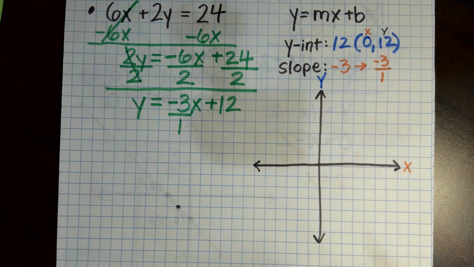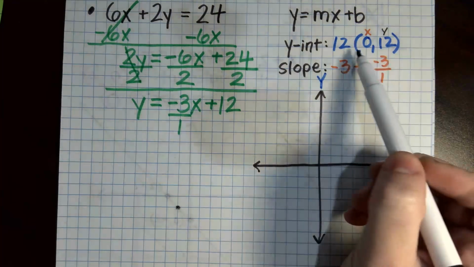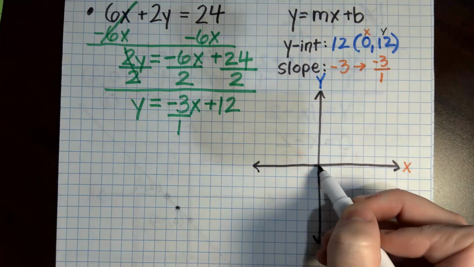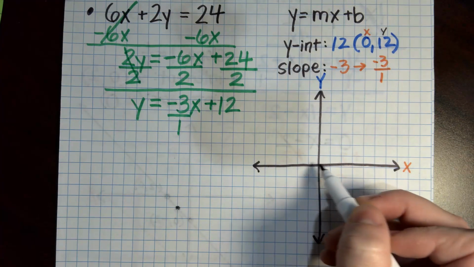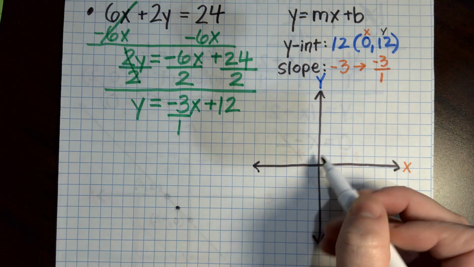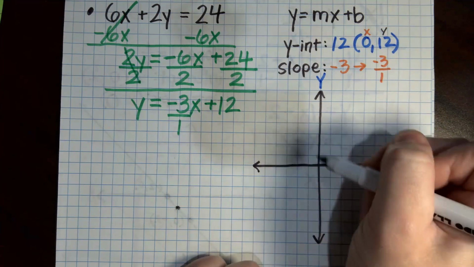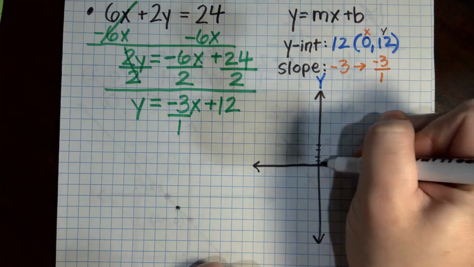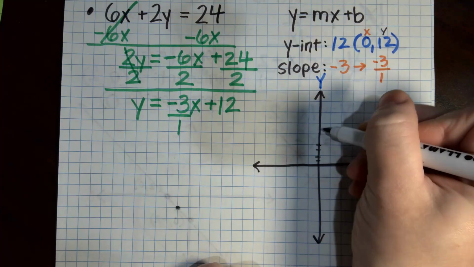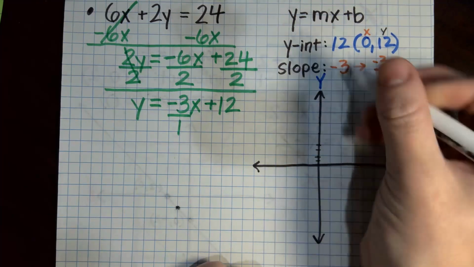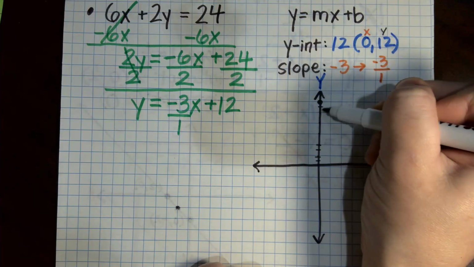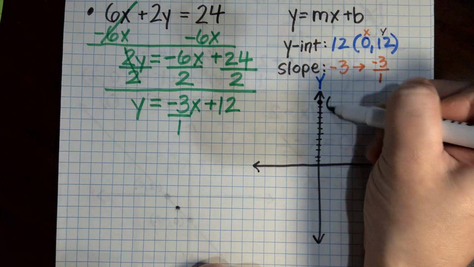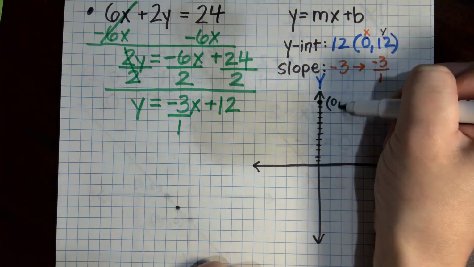Yes, I need to graph my y-intercept. So my y-intercept is at 0, 12. On my x-axis, I'm going to go over 0. And on my y, I need to go up 12. So I'm going to count by 2s to make sure I have enough room. 2, 4, 6, 8, 10, 12. Right there. And then we want to label that 0, 12.